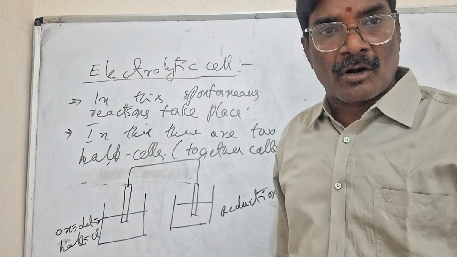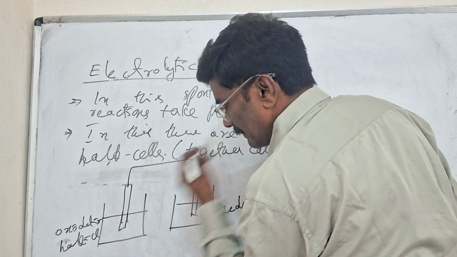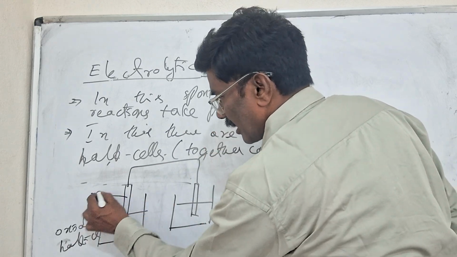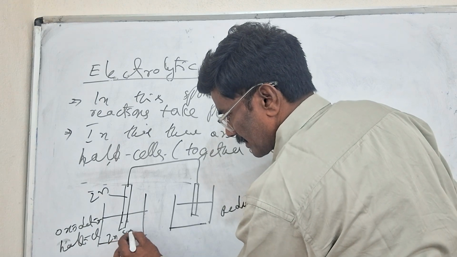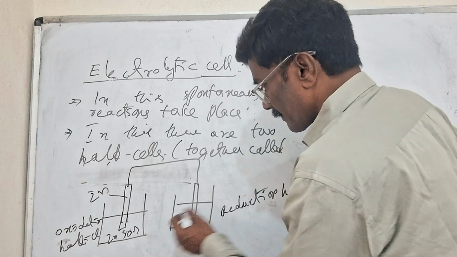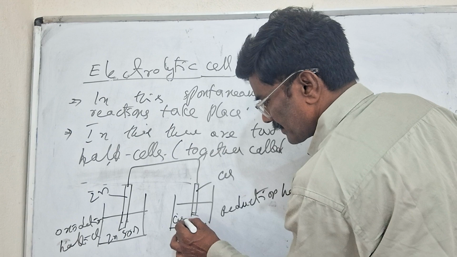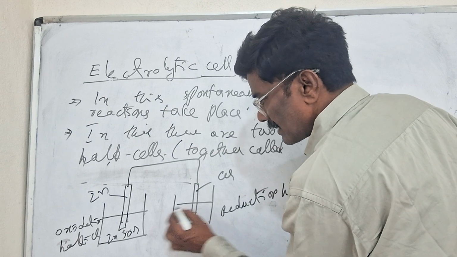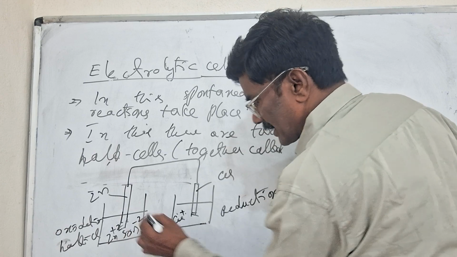There are two metallic rods, and the left side rod is dipped in solution. If you take a zinc rod, we have to take zinc sulfate solution. The zinc rod is dipped in zinc sulfate solution, and here the copper rod is dipped in copper sulfate solution. Zinc sulfate contains Zn+2 ions and SO4-2 ions.